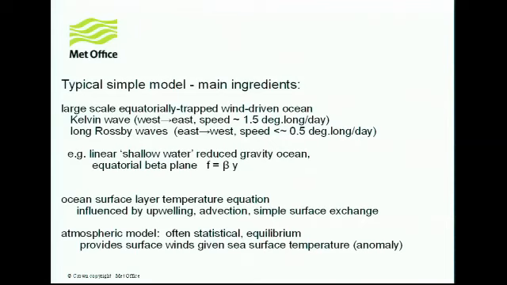It says that given the sea surface temperature, there's some rule which tells me what the surface winds that drive the ocean are going to be as a result. They can range from statistical models with a few EOFs in them, for example, or the very simple ones simply say, let there be a wind anomaly which is proportional to the sea surface temperature anomaly, and for simple modelling purposes, that's good enough.